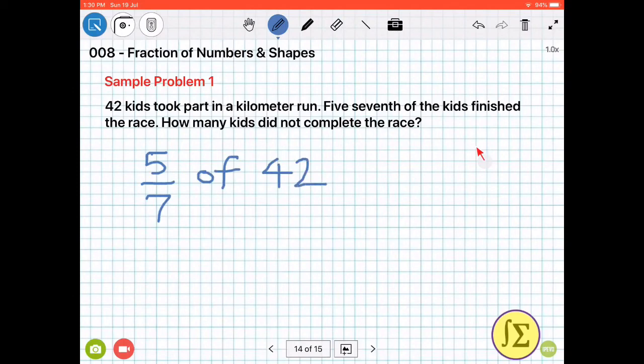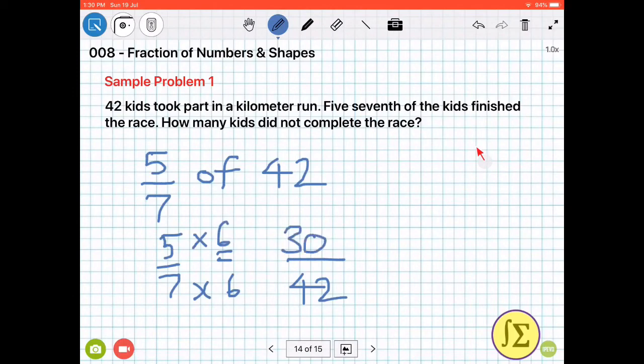Okay, right? So I'm going to use equivalent fraction. So 5/7 equals to, the total is 42, right? So 7 multiplied by 6, I get 42. Equivalent fraction, 5 multiplied by 6, 30. Now, 30 is the number of kids who finished the race, okay?